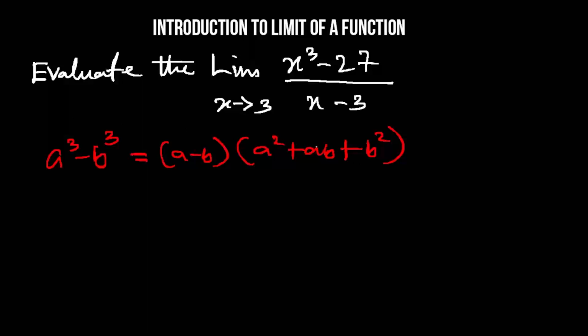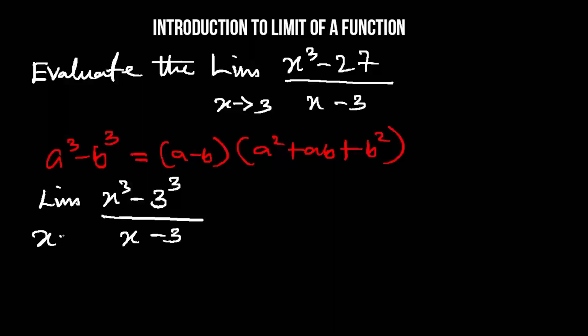So this is the difference of two cubes, because we are going to be needing it for this particular question. So let's go on. This question can be written as the limit of (x cubed minus 3 cubed) divided by (x minus 3), as x tends to 3.